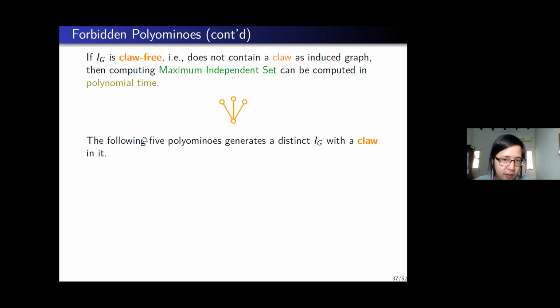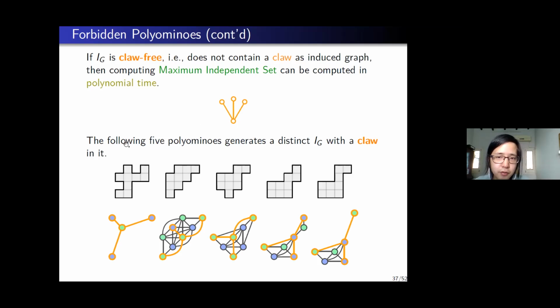we have identified 5 polyominoes that generate the smallest regions such that its intersection graph contains a claw as an induced graph.